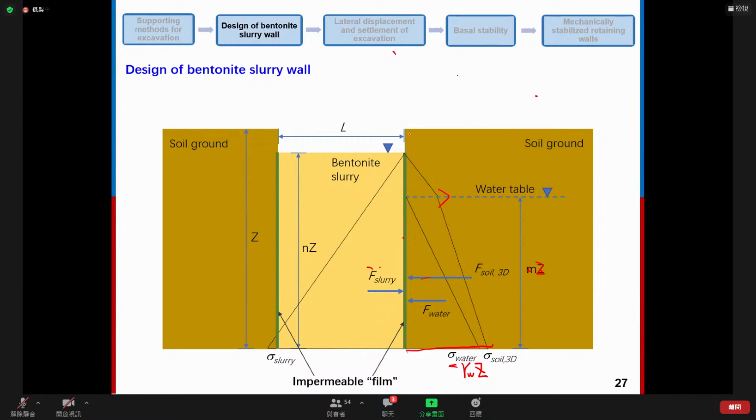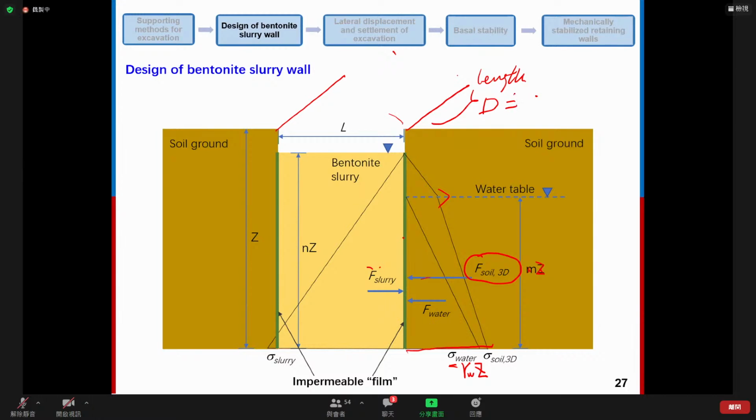For the excavation, it's actually in a 3D case, which means the direction perpendicular to this surface. Let's say maybe we use D to represent the length of the excavation.